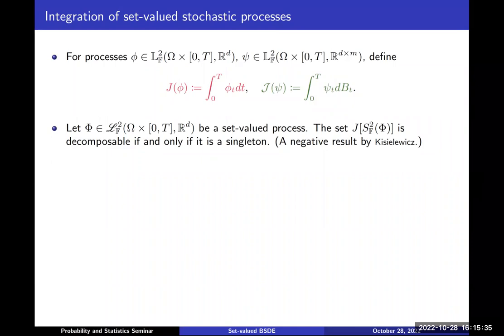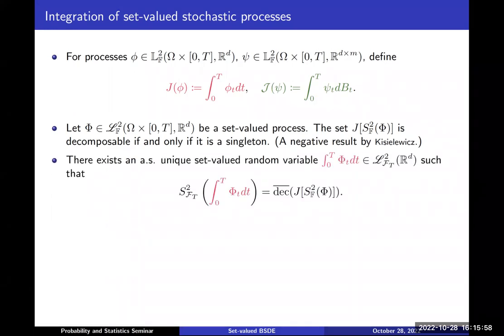When you take all square integrable selectors of the process and take the image of this J, in general, this won't be decomposable. Indeed, it's decomposable if and only if the set is a singleton. So it's a negative result. So now it's time to take a decomposable hull, whenever we start with a subset of LP like this, which is not decomposable.